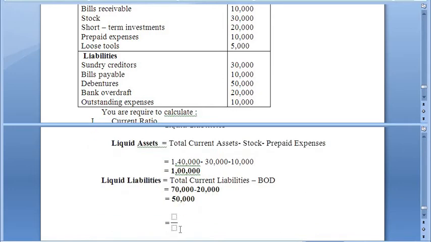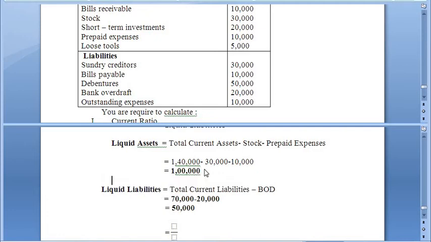Now put both the values into the formula. The formula is liquid assets divided by liquid liabilities. The amount of liquid assets is 1 lakh, and liquid liabilities is 50,000. So 1 lakh divided by 50,000.